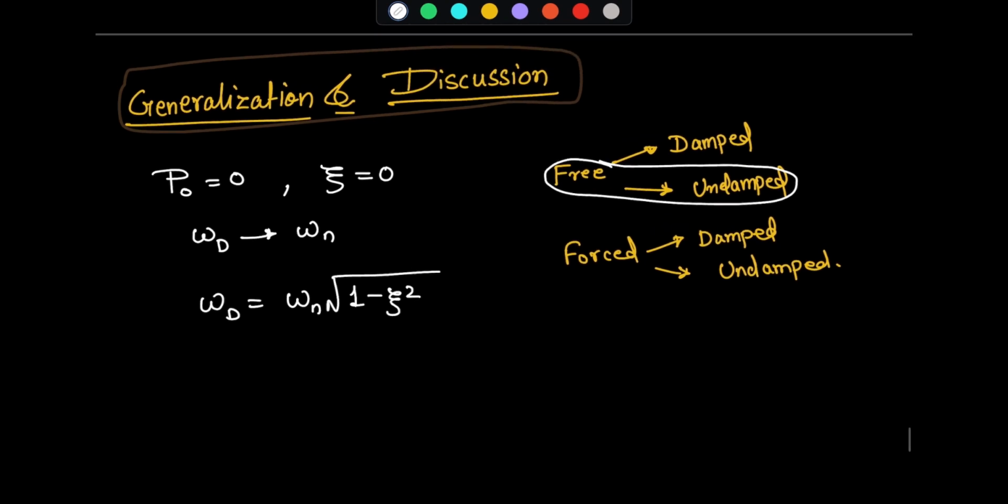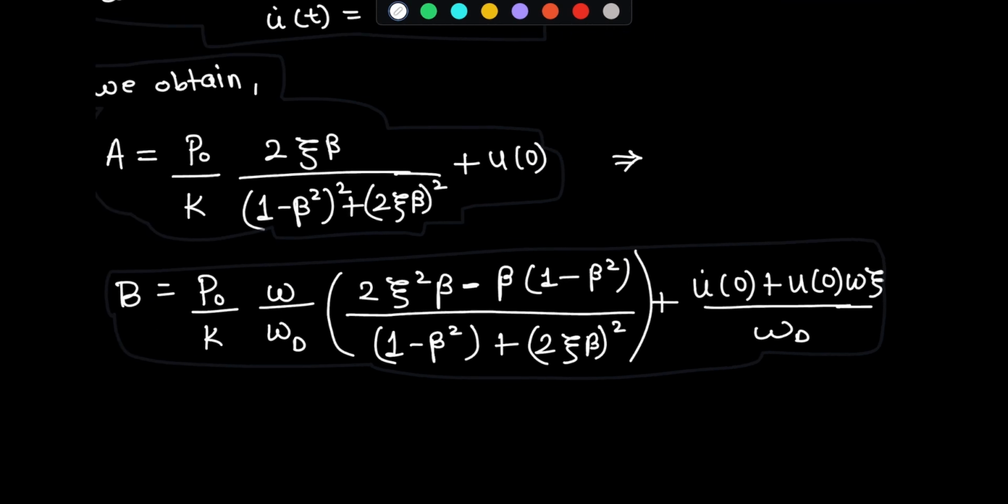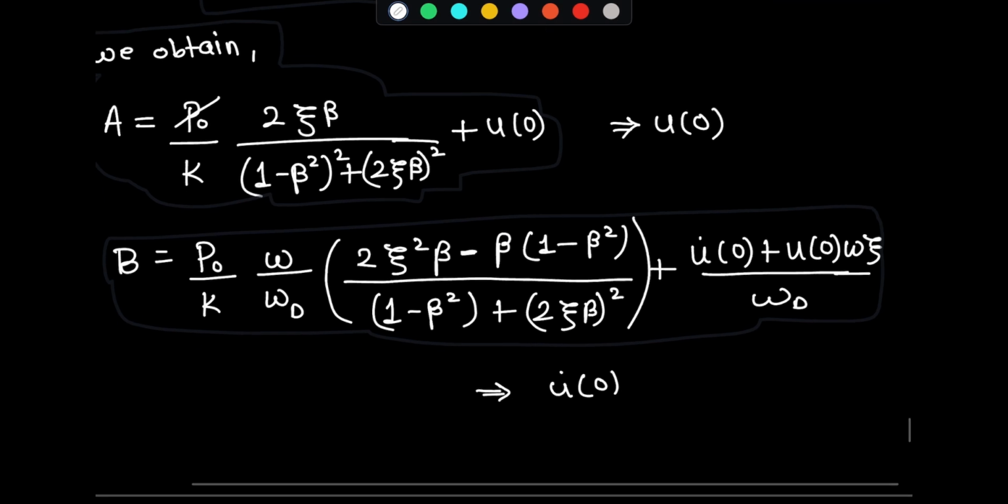If we substitute this in the equation that we just found, we'll have A equal to u naught, because p naught is 0 and hence that whole term will become 0, and we'll have B equal to u dot naught, zeta is 0 so the second term will be 0, and in place of omega d we'll have omega n.